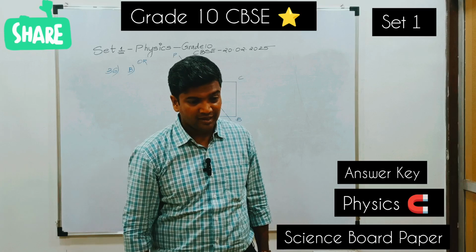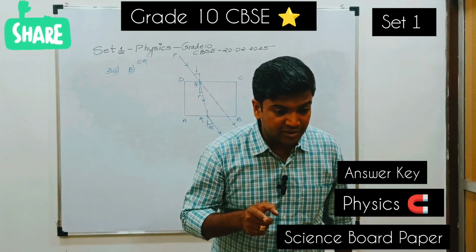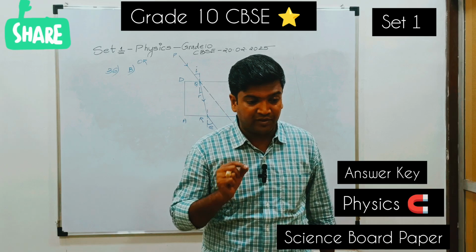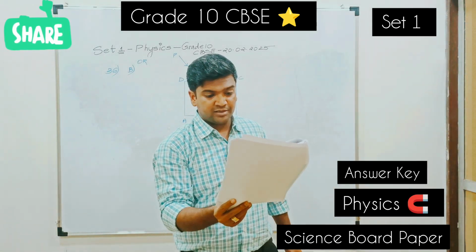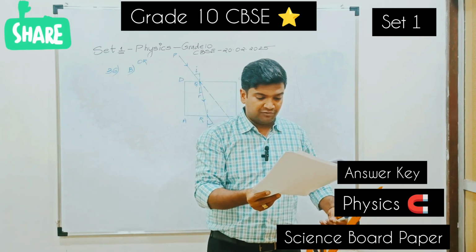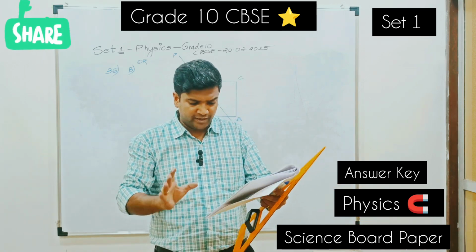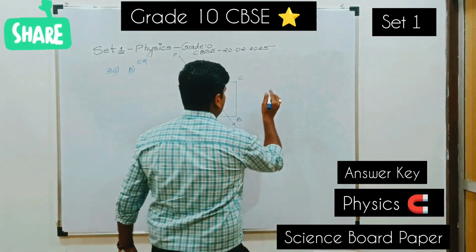Done. Next, differentiate between the virtual images formed by a convex lens and a concave lens on the basis of object distance and magnification. Okay. देखो convex lens जो है ना, हम इधर ड्रॉ कर सकते हैं.